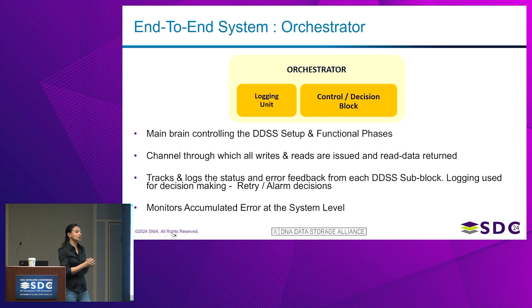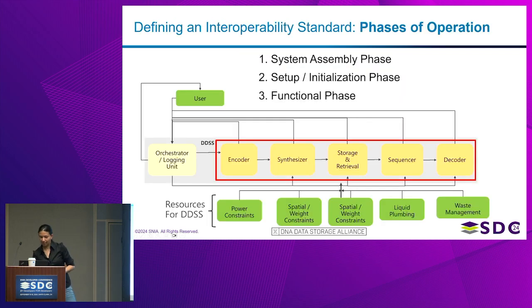So the orchestrator is the only one who has visibility into the error coming from all of these sub-blocks, such that it can configure some of the sub-blocks to provide coverage. When I say coverage, think of it like coverage to combat the extra error. So it is the only one that is able to have the entire accumulated system error view.